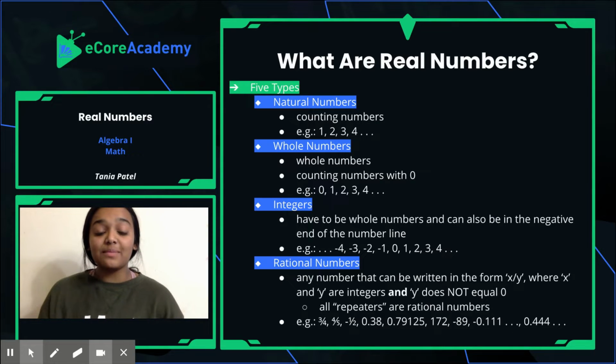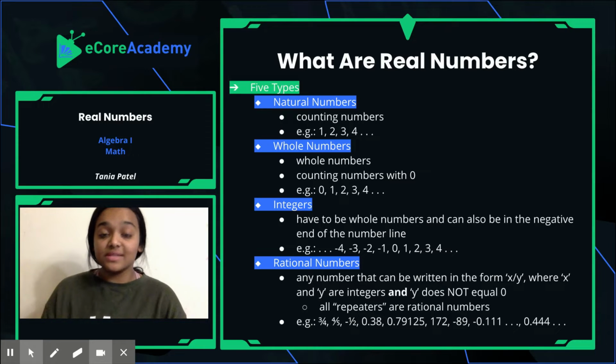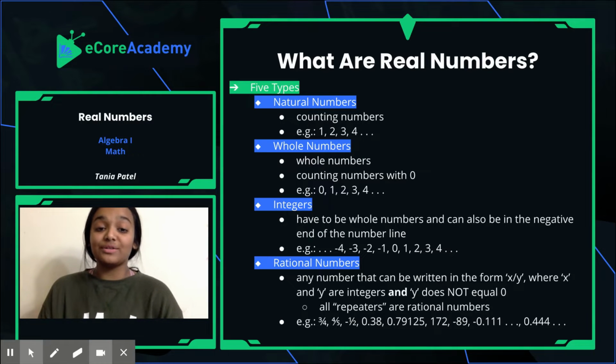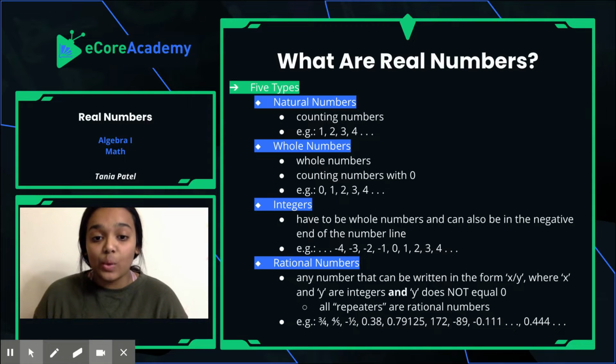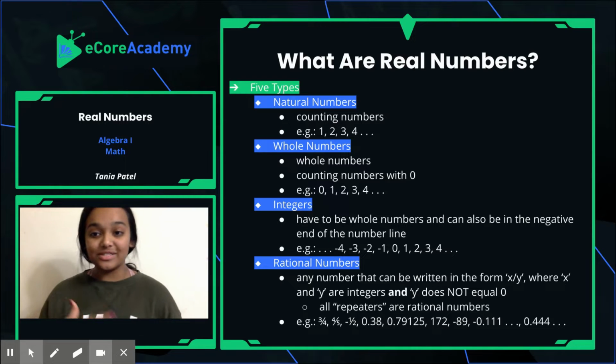So some examples of rational numbers would be 3/4, 4/5, -1/2, 0.38, 0.79125, 172, -89, -0.11 repeated, 0.4 repeated. As you can see, the examples I've listed include natural numbers, whole numbers, integers, as well as the inclusion that rational numbers itself gives.